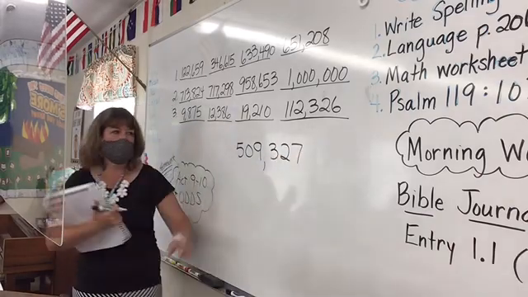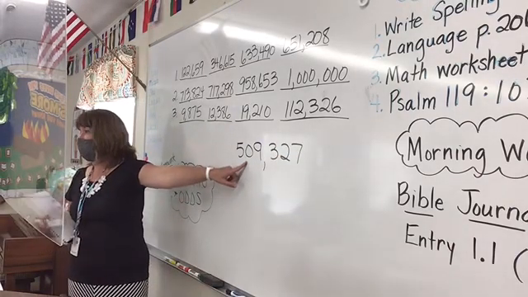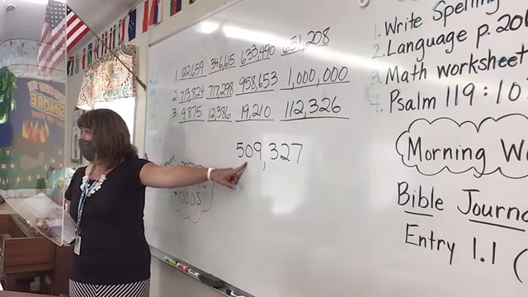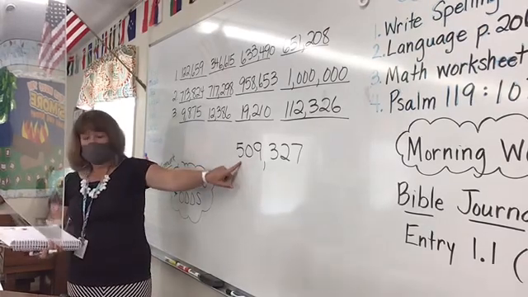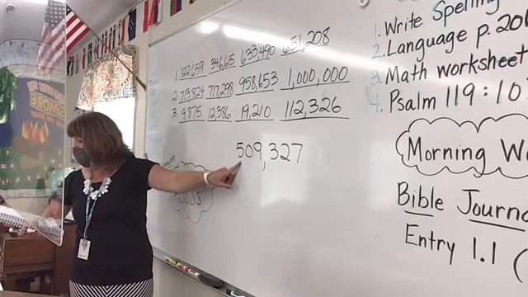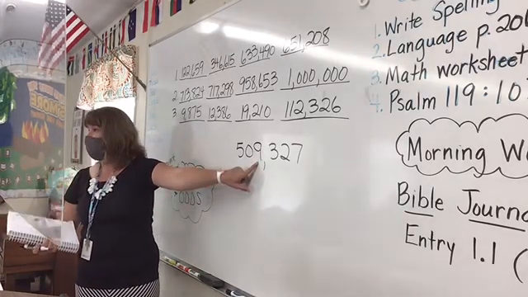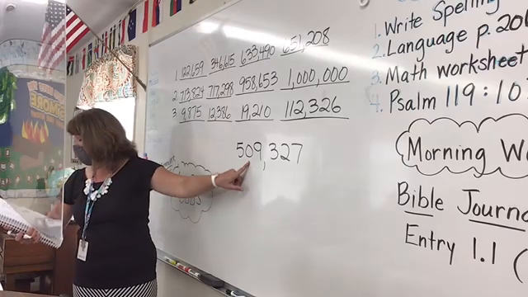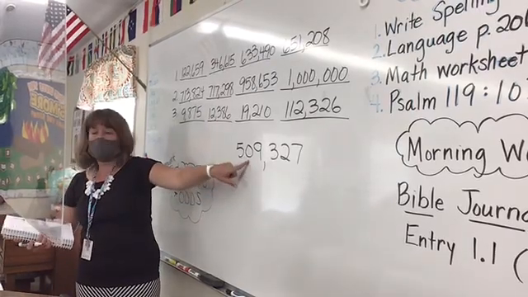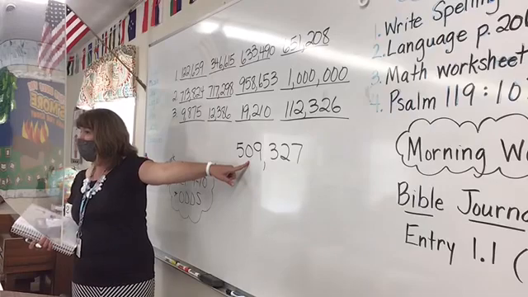Now, you had to be careful and put a 0 in your 10,000s place, right? Because there wasn't any 10,000s place. It just said 500,000 and 9,000. So there was not a 10,000s place. But it's important, you got to put that 0 there, don't forget.